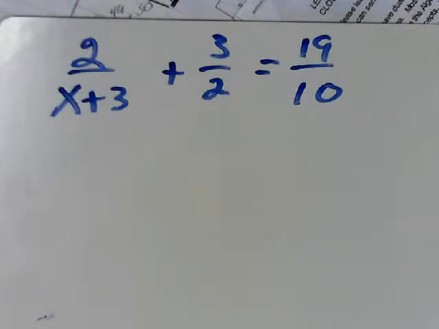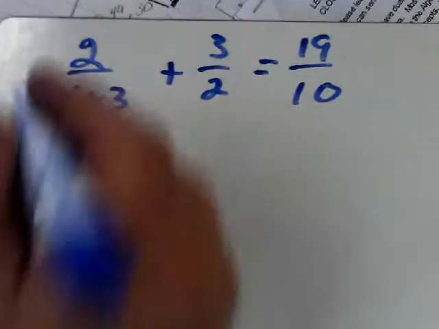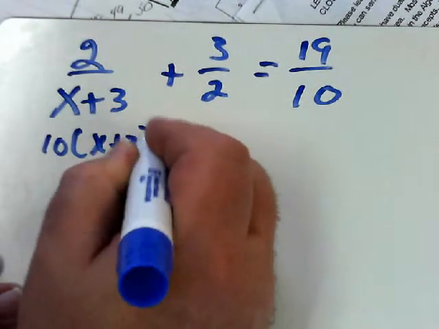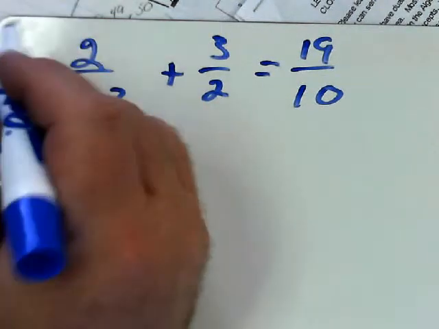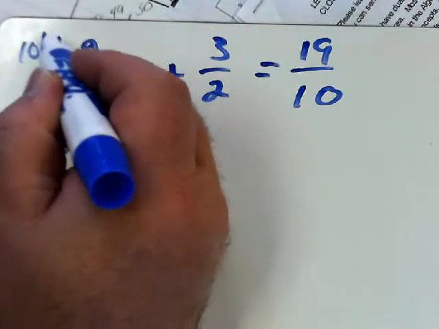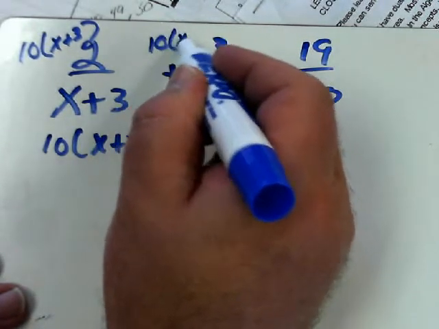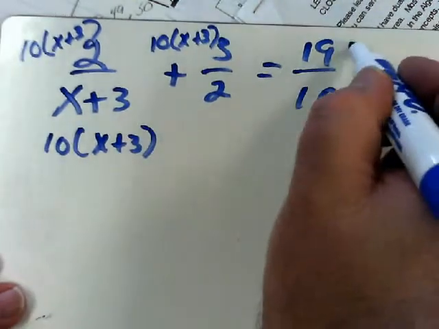The x for your 30. 10 plus 10x plus 3. Common denominator will be 10 parentheses x plus 3. So I have to multiply each one of the terms by the common denominator.